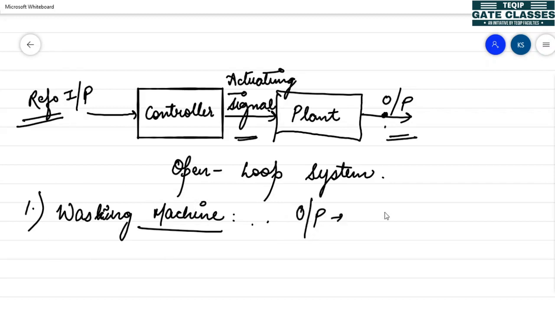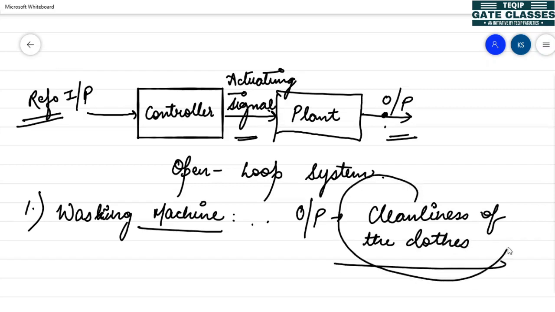Output is cleanliness of the cloth. But you are not taking any feedback from the output. That is, you are not measuring whether the cloths are properly clean or not. You are just setting the timer and you are getting the output, that is the cloth after washing.